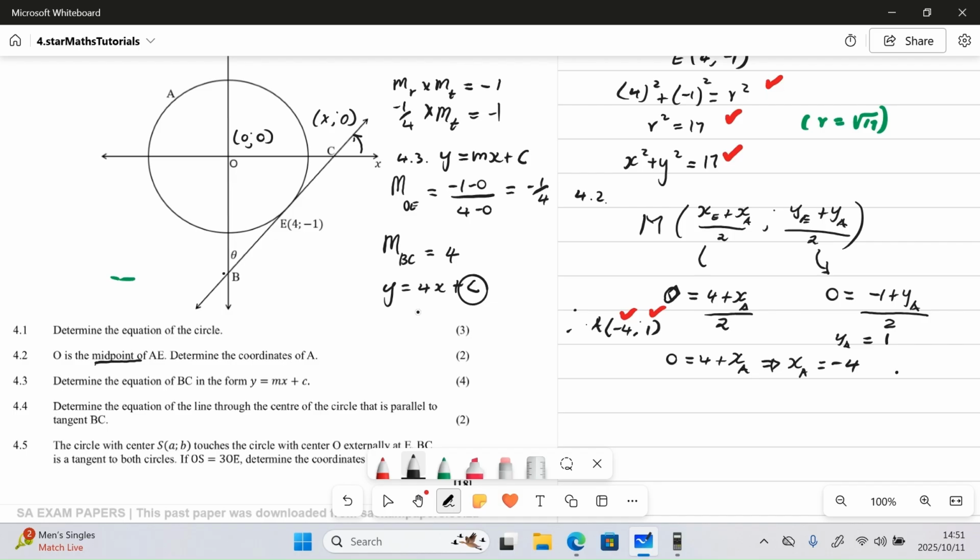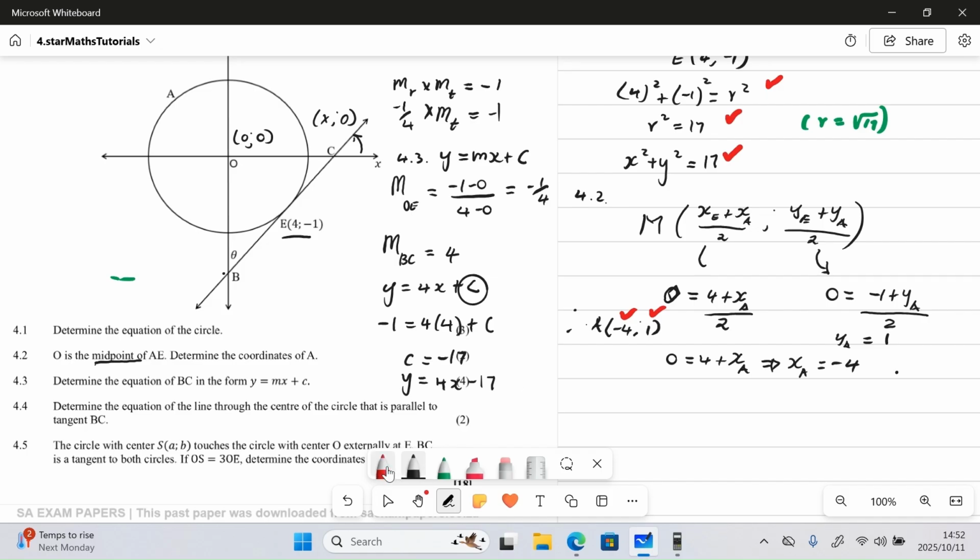We can use what is given. So we use this point. The value of y is negative 1, the value of x is 4, then plus c. Then the value of c, if we make it the subject of the formula, is negative 17. Then let's write the equation. The equation is y equals 4x minus 17.